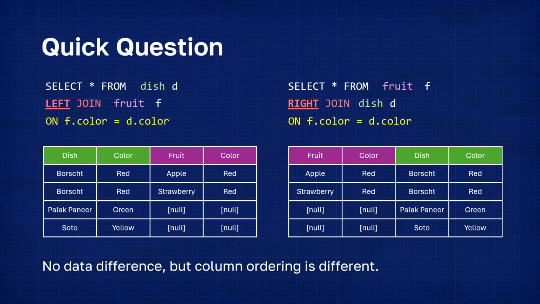If your goal is to get the dish name, then both of them are okay, the same. The problem is when you want to apply things like union, except, or intersect, where the column naming doesn't matter, this will introduce bugs because now the ordering is different. When you want to merge two things together, this will be a problem.